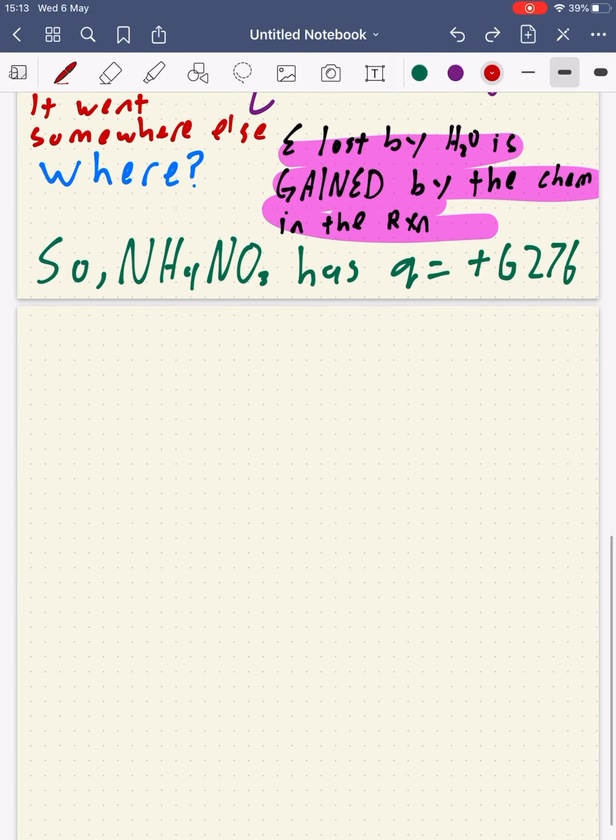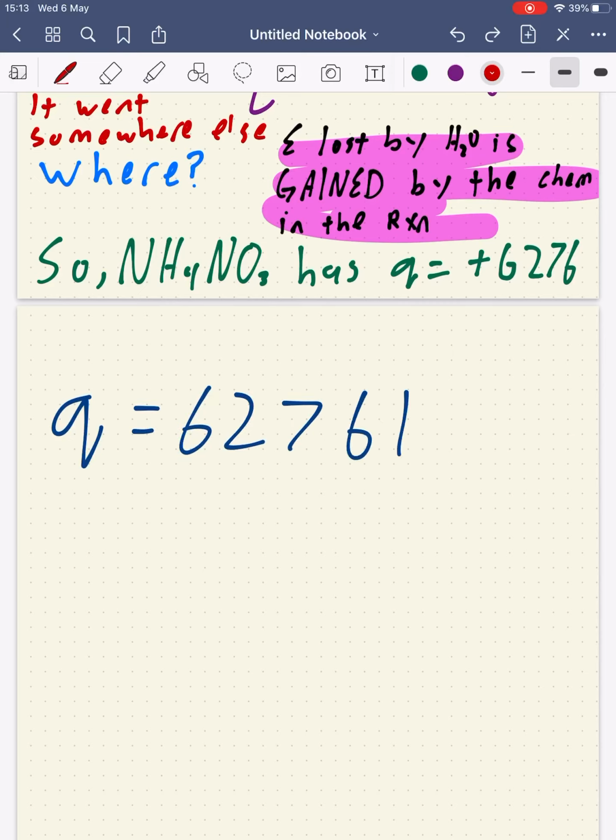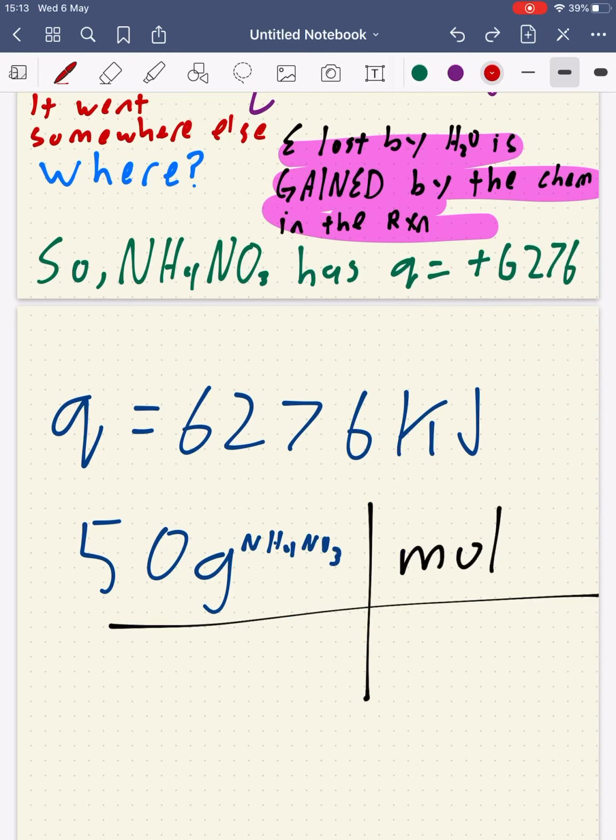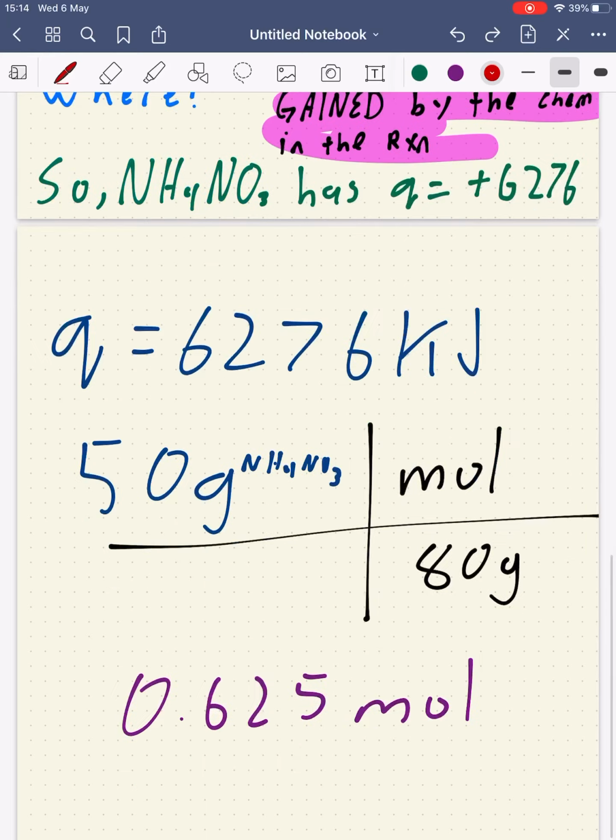So we're going to use that to figure out how many moles we've got. So I'm going to rewrite this here, right? This is our Q for the ammonium nitrate. That's how much energy is absorbed in the chemical reaction process. And then we're going to say if we've got 50 grams of ammonium nitrate, how many moles is that? Good old mole conversion chart here. Okay, so that's going to be 0.625 moles of ammonium nitrate.